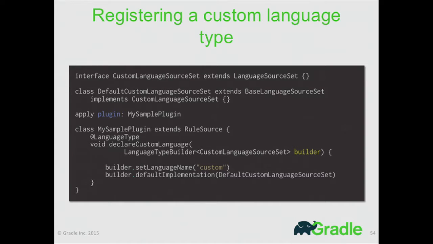In this case, I'm registering a new custom type of language source set. And again, this is developed as a rule source, and we have this special language type rule annotation that's telling Gradle what this rule is doing: it's registering a new type of language. And we're just calling it custom.